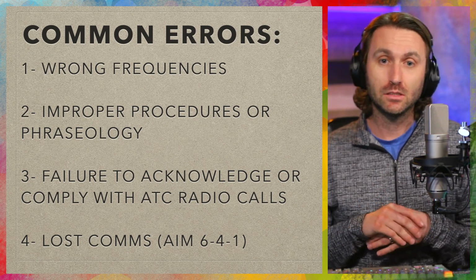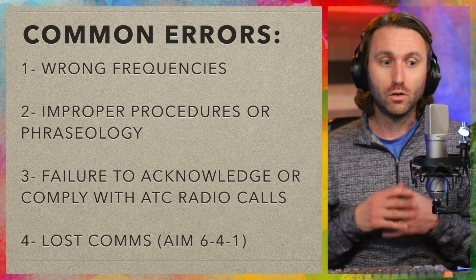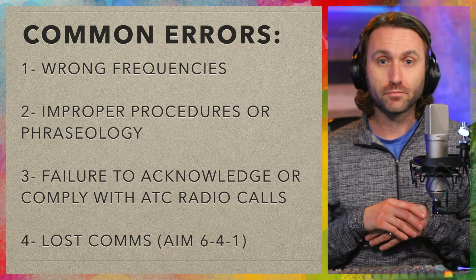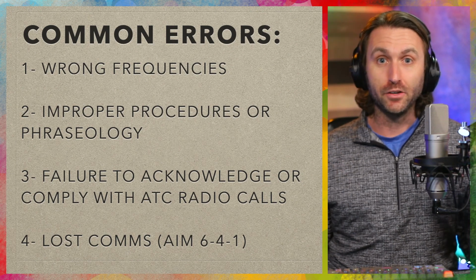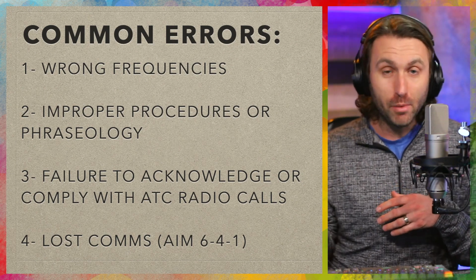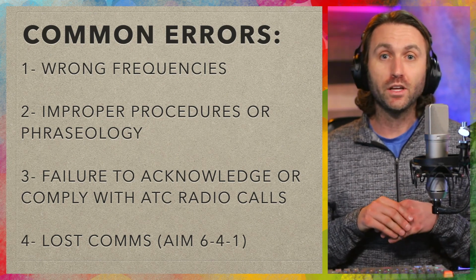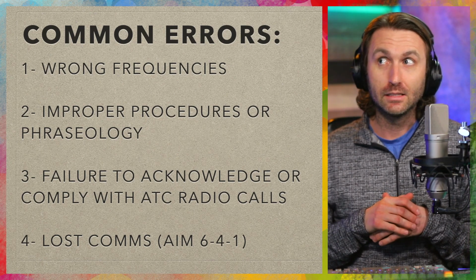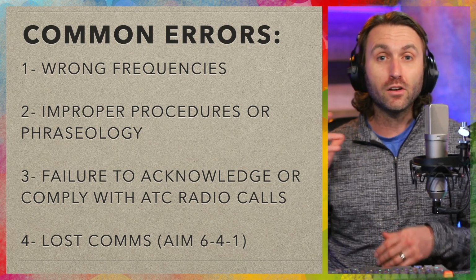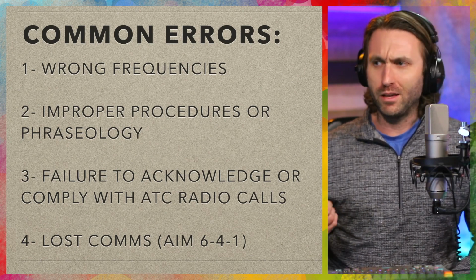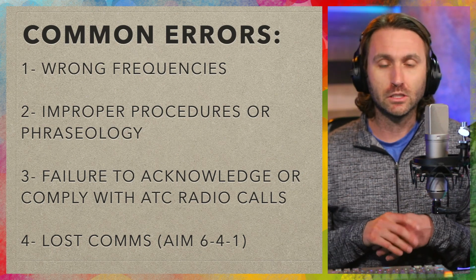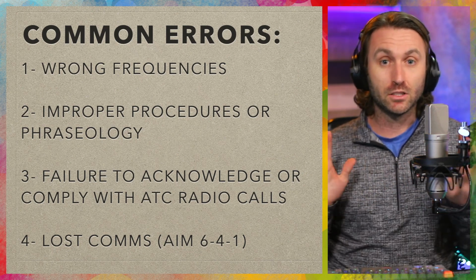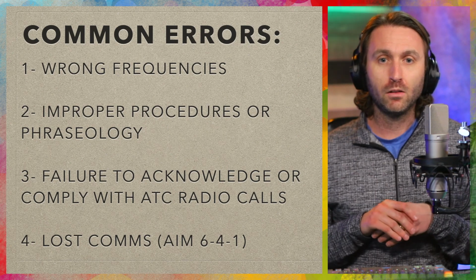How about this? And this one's actually dangerous. You're flying to a non-towered airport and you think that the CTAF is 122.8. And it's not. You're on a totally different frequency. Everybody else is on 122.8. It's dangerous because they're talking, they're communicating, and here you are thinking, well, nobody's even out here. It's because you were on the totally wrong frequency. So you can see how in some cases it's a small mistake, no big deal, no harm, no foul.